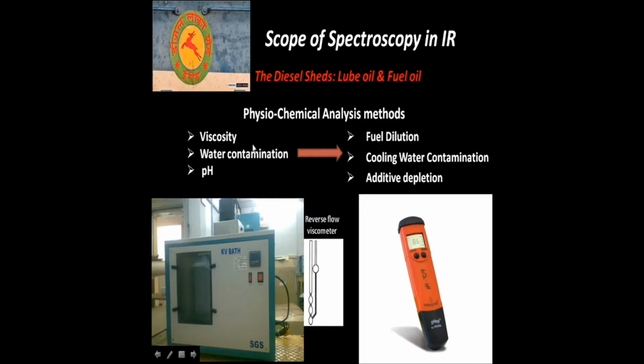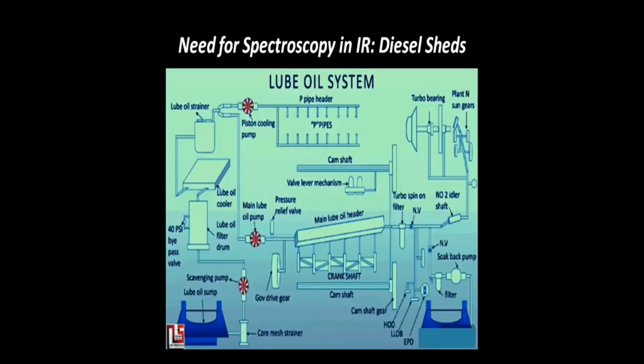However, these tests do not provide any indication about the wear pattern of diesel engine components. The lubricating oil used in diesel locomotives can be considered as the diagnostic medium for analyzing this wear pattern because the oil carries with it metal particles generated by the wear contact.